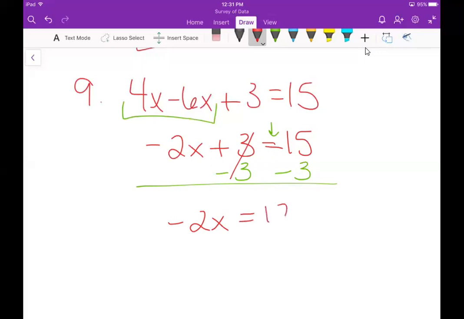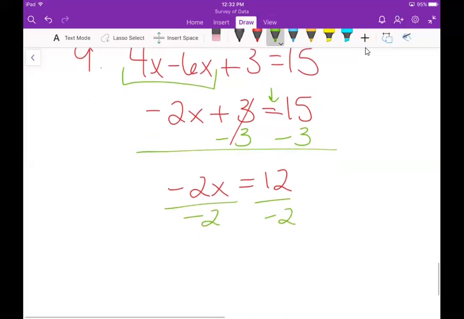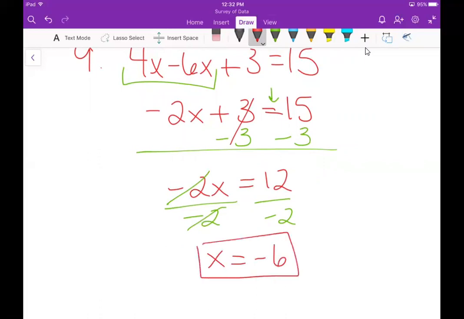That equals 12. Now again, I have multiplication happening here between negative 2 and x, so I will divide by that entire term, by negative 2. When I divide by negative 2, all of that will cancel. I'm left with x, and 12 divided by negative 2 is negative 6.